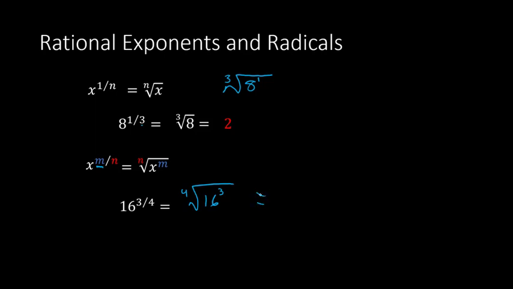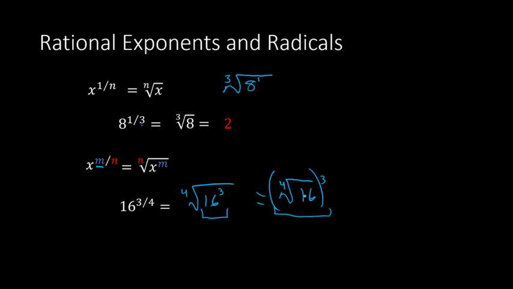And actually, another way you could write this, and this would be okay as well, would be the 16 goes here, the 4 still goes here, but the 3 could go on the outside if you want. It doesn't matter which way you do it, it just depends on what's easier. Because if you do it this first way, 16 to the 3rd power is going to be some really large number. You could do this on your calculator, but if you're trying to do it by hand, you want to make it into a smaller number, and that would work better if you use the second approach.